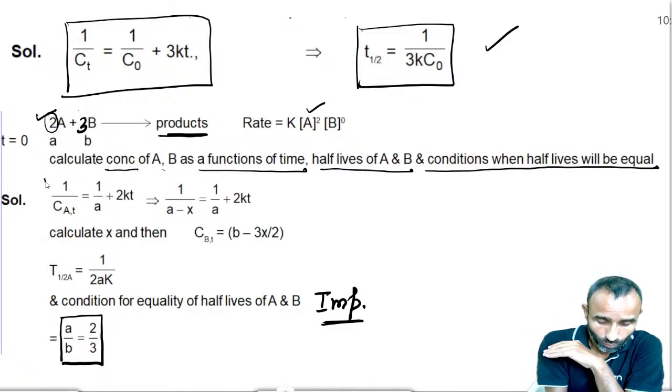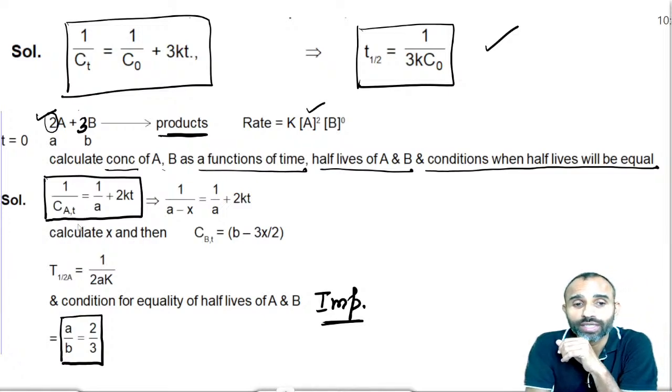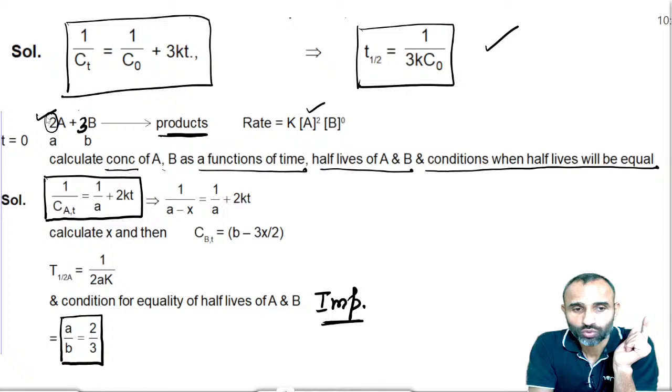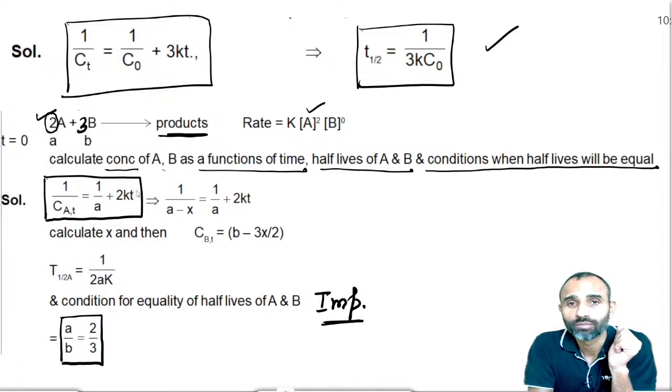So the relation is 1 upon Ca equal to 1 upon C naught plus 2Kt. For x, 1 upon x equal to 1 upon Kt, and to calculate, you have to calculate x from here.